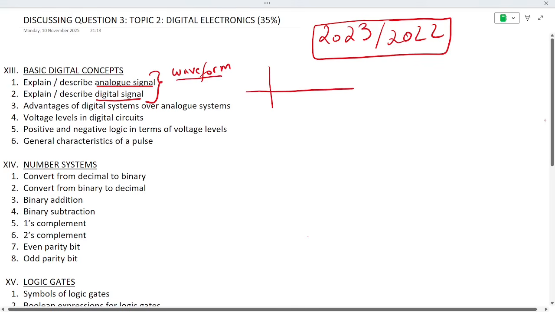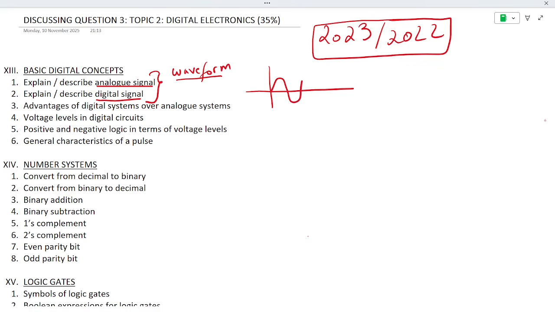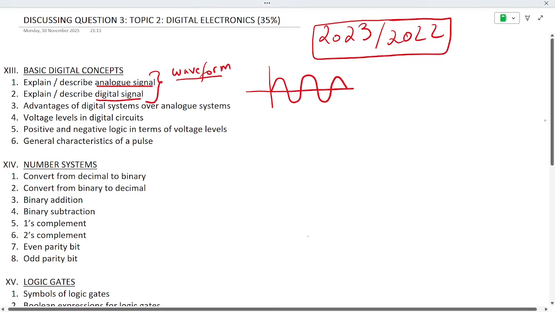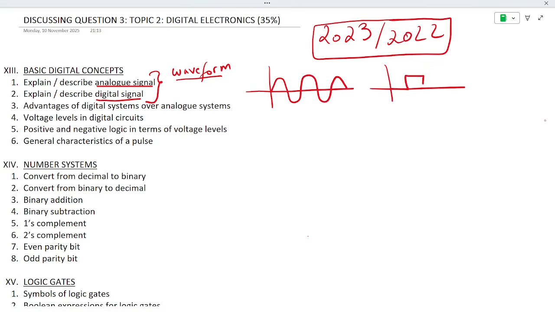We know a simple representation of an analog signal would be a sine wave, and a simple square wave is a representation of a digital signal. So that will be the representation.